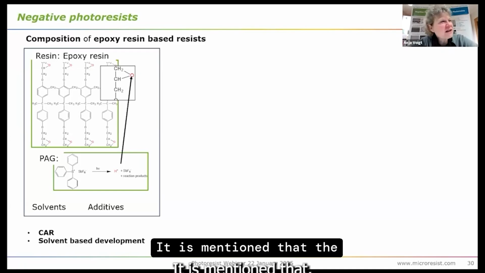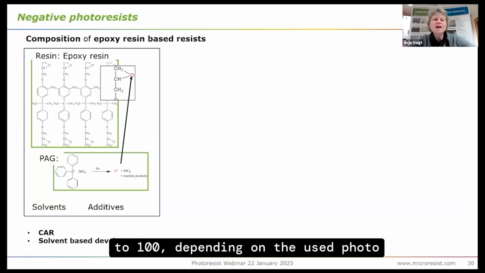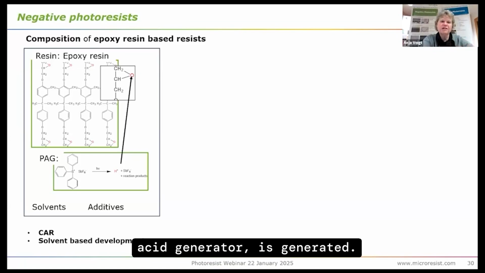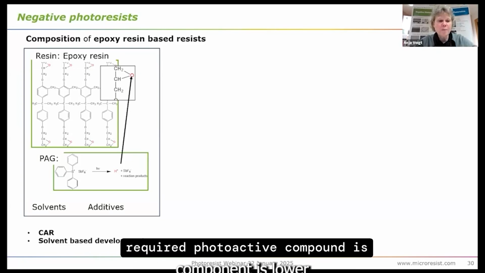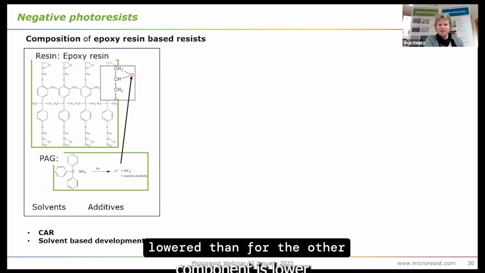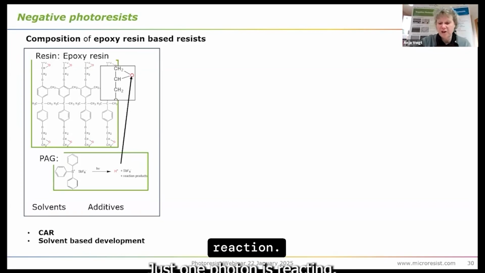It is mentioned that amplification factors of about 50 to 100 are generated, depending on the photoacid generator used. This means the required content of photoactive compound is lower than for the other materials, where just one photon leads to one reaction.